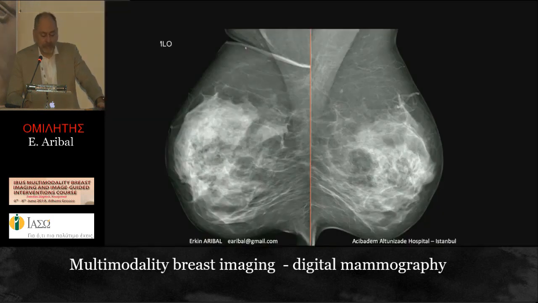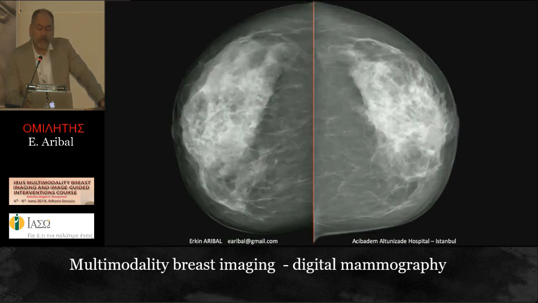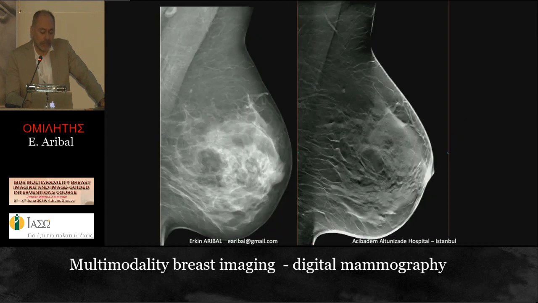So this is a dense breast where I can say that she has a mass of 2 centimeters. Can you see it on the MLOs? I don't think that you can find it. Or can you see it on the CCs? It's a 2 centimeter spiculated mass. Okay, let me show the tomosynthesis. That's the lesion.